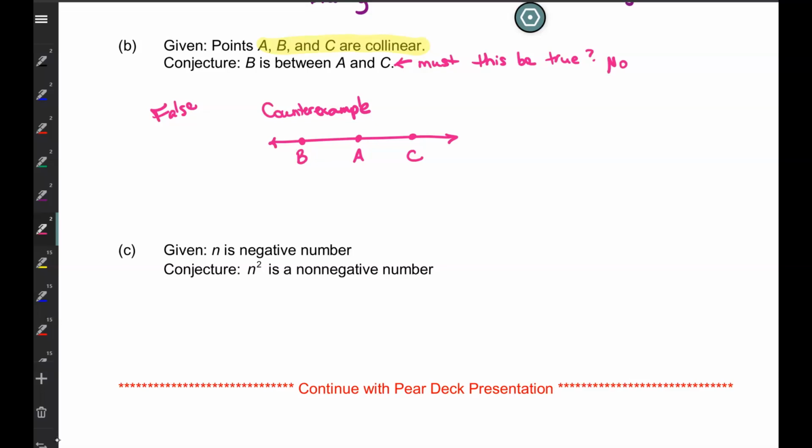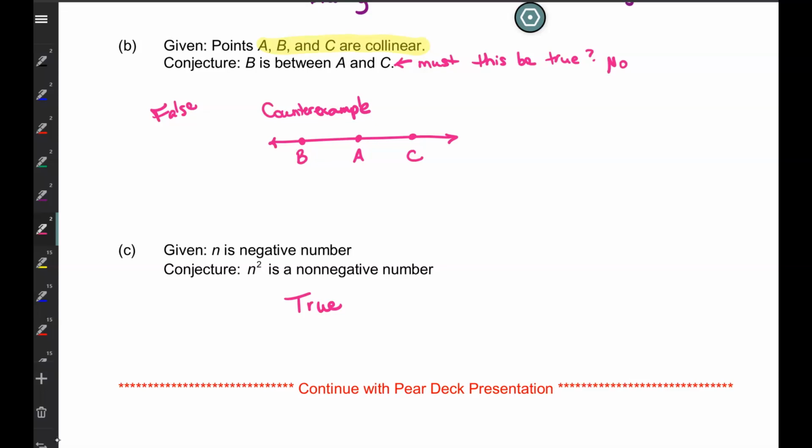So if n is negative, must n squared be a non-negative number? Well, hopefully we remember if you square a negative, it's going to be positive, which is non-negative. So actually this one is true. And if it's true, we just leave it that way. You don't need to do a counterexample, and you don't have to write out any kind of proof for it.